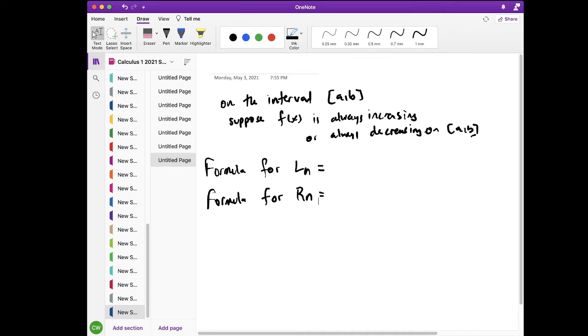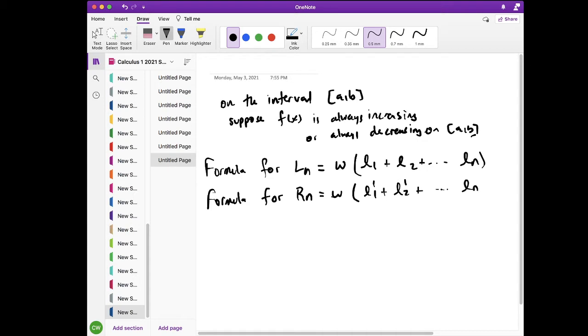Can someone say, so it's W, L1, L2, etc. And this is W, and then some other L's. So let's do Ln. What's W on the interval AB?